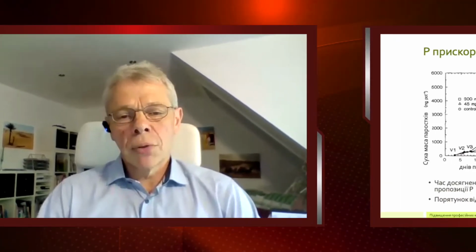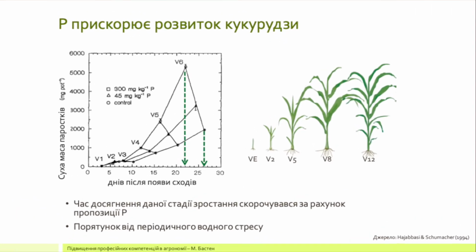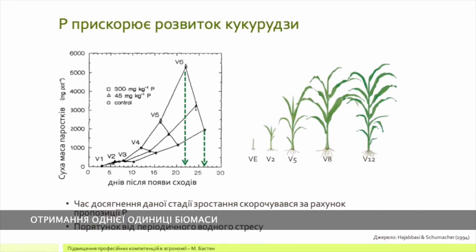But the reason why it can contribute to a better yield is that by more accelerated development, faster growth, we have a crop which somehow can escape from water stress, because this dry matter is produced under colder temperatures, and under colder temperatures, it takes less water to produce one unit of biomass compared to, let's say, what we have now.